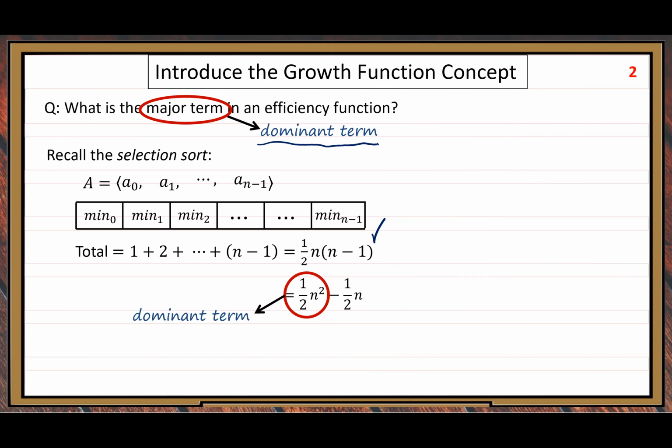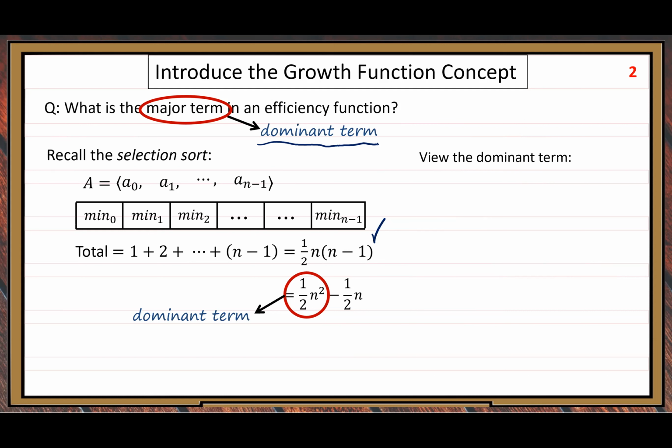Then from the dominant term, one step forward, we move to the growth function concept. Because when we define a growth function, we want it as simple as possible. We want to simplify it, make our expression as simple as possible.